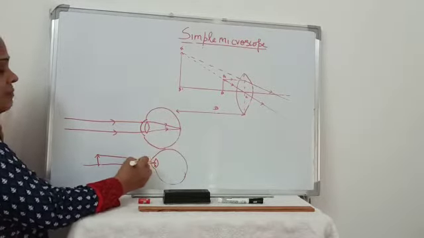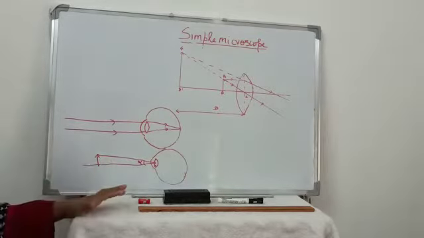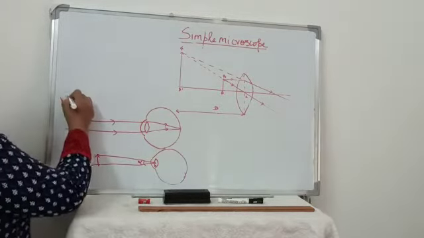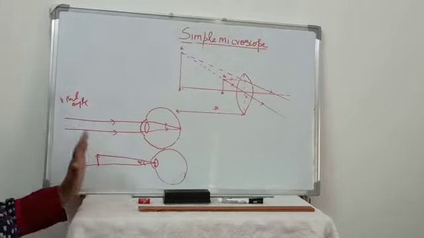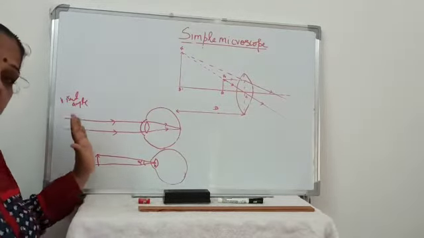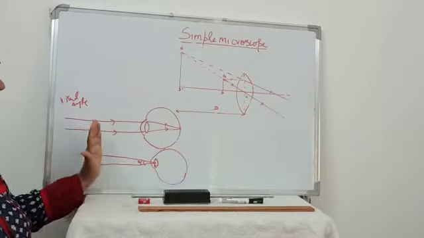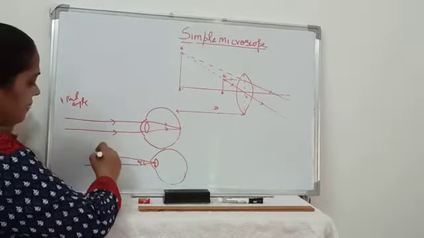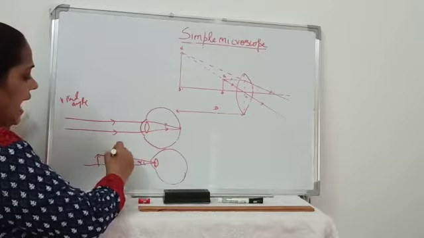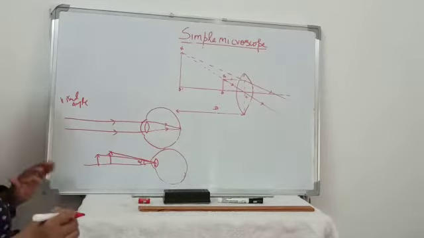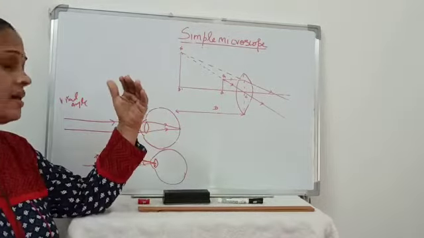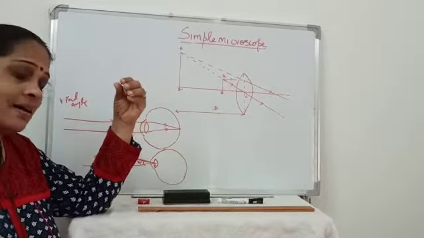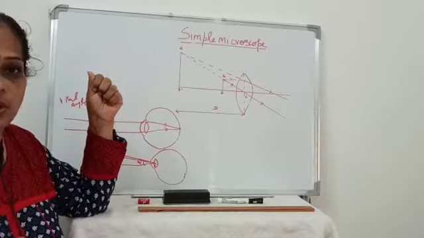This angle made with the eye lens is called the visual angle. And as the object is nearer, if this object is lying somewhere over here, the angle made at the eye will be larger. So the larger the angle made, the larger will be the clarity of the image also.